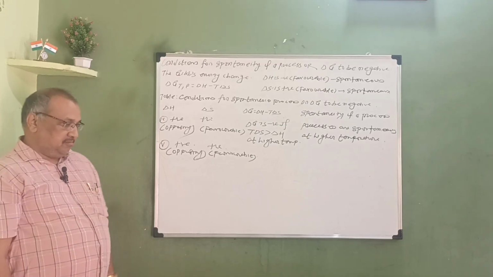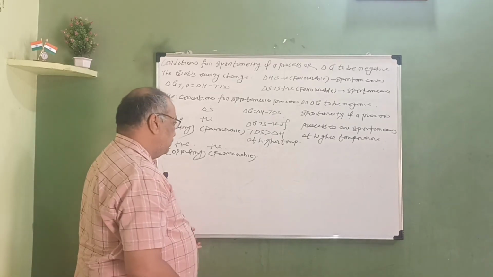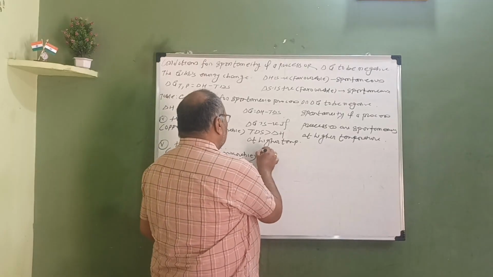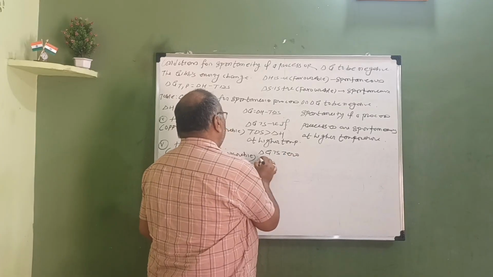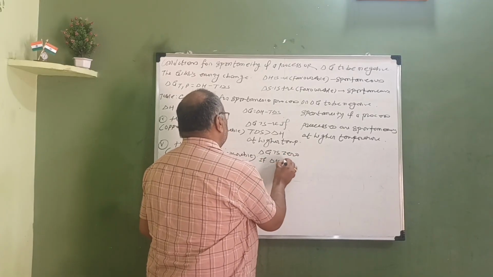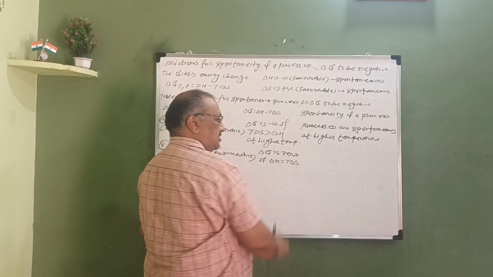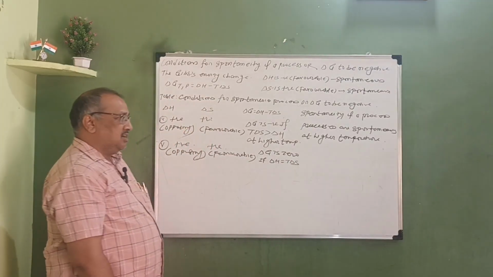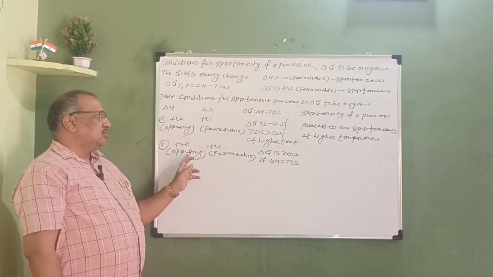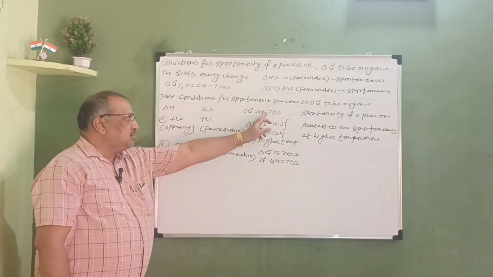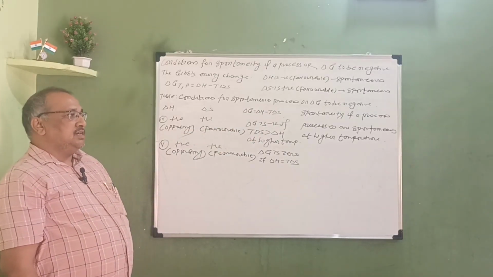That means here delta G is 0 if delta H equal to T delta S. That means here this is positive and this is positive into negative, negative.